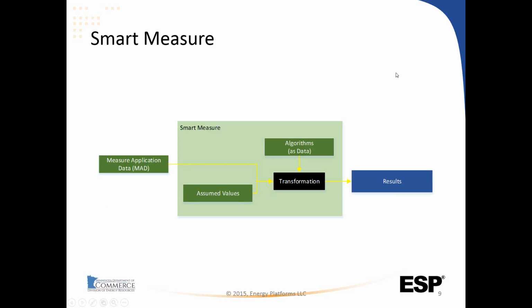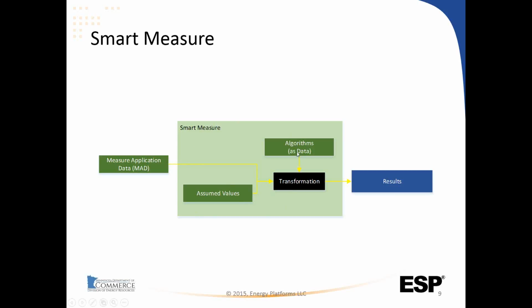So, sort of graphically, what smart measures are, I've kind of referenced this, and I will show you this in the software momentarily. Briefly, there is the measure application data. That's the additional inputs that will feed the calculations. This is information decided or determined by the measure designer or the consultants.